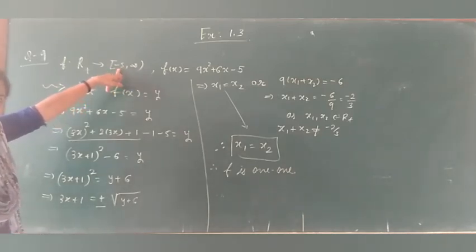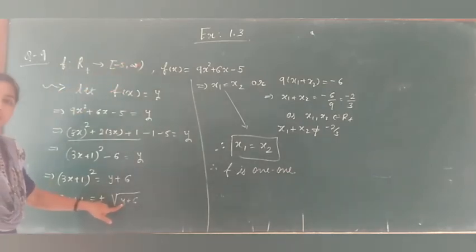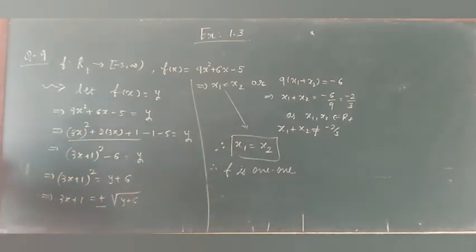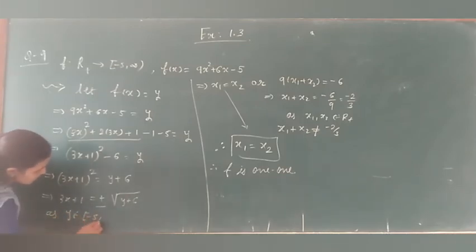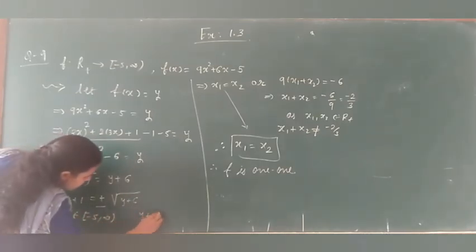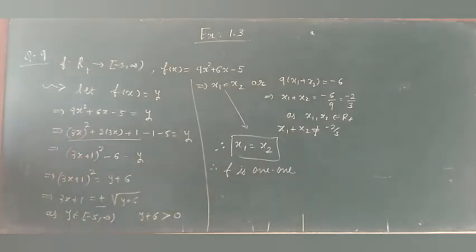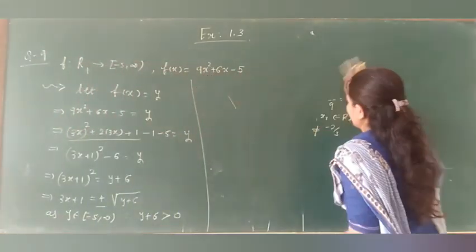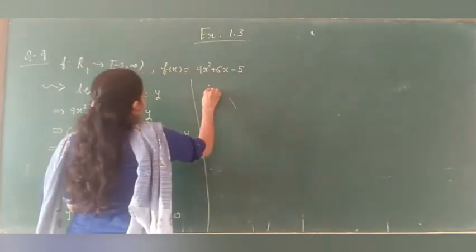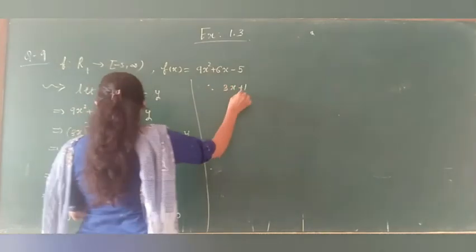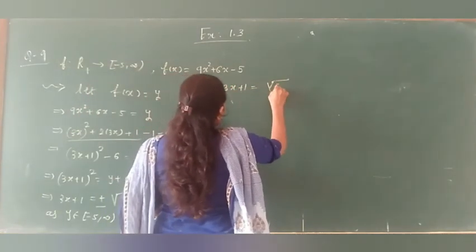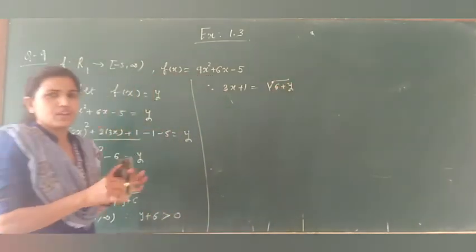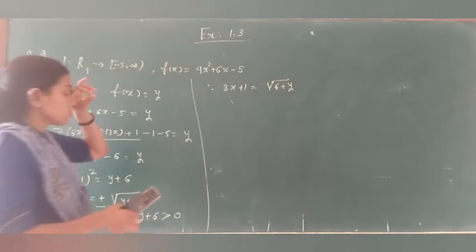If y is equal to minus 5, we are getting 6 minus 5, that is equal to plus 1. So y belongs to minus 5 to infinity, so therefore y plus 6 is always positive, and therefore we are having 3x plus 1 is equal to under root y plus 6. I am writing 6 plus y, or you can write y plus 6, no issue with that.